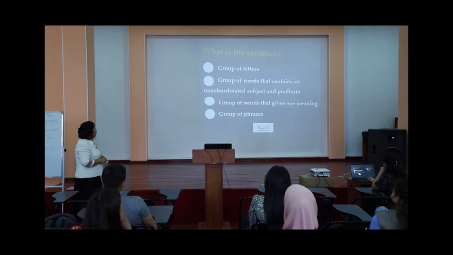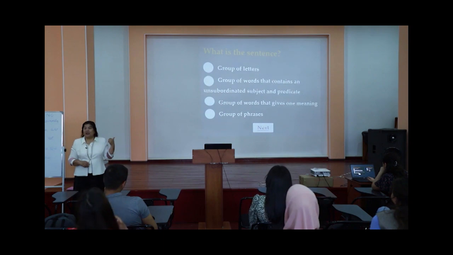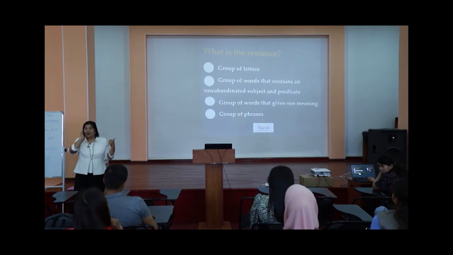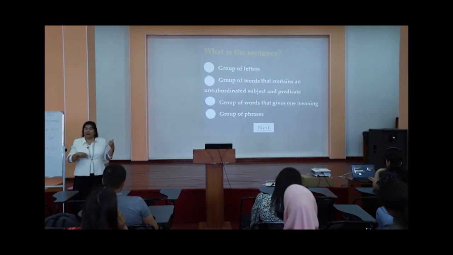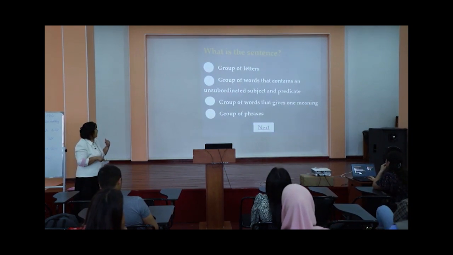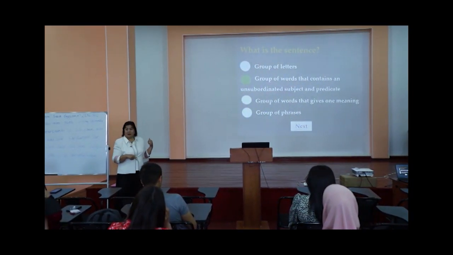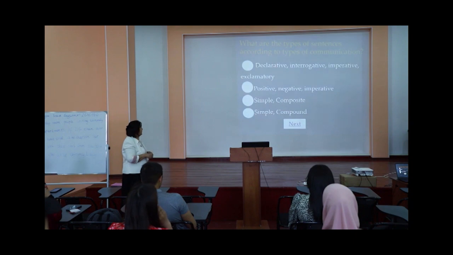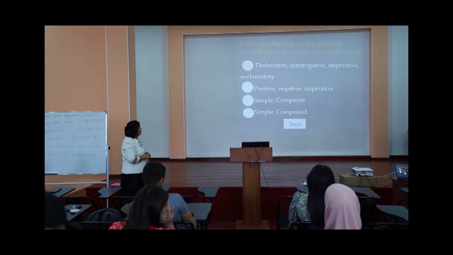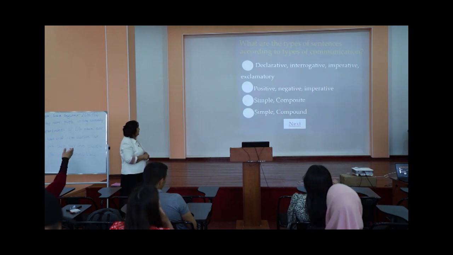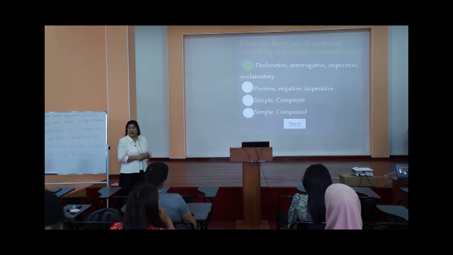Next. What is a sentence? Definition of a sentence. Raise your hands. You all prefer the second one. Good. Good job. Then, what are the types of sentence according to types of communication? Let's check. Good of you.